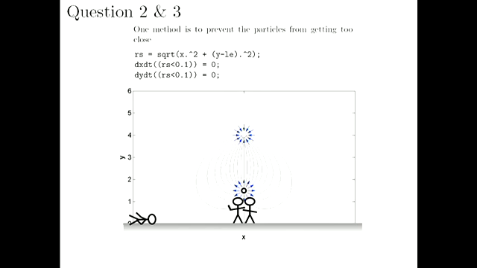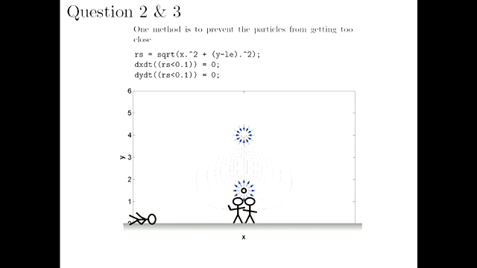So the solution, there's many solutions, all right? But the one that I've been using, which I think has been working quite well, is that at each of my time steps, I'm calculating the radial distance of all of my particles from that singularity, from the center of that sink. And when that radial distance becomes too small, I just set those velocities to 0.